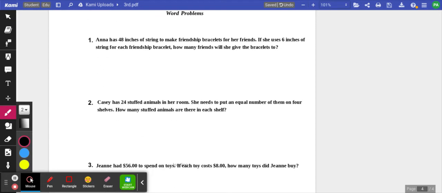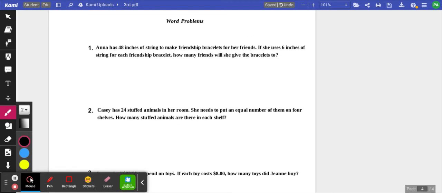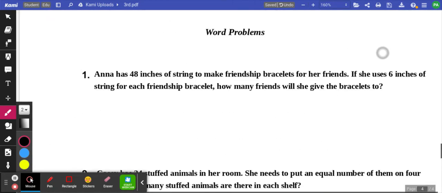Lastly, we're going to be doing word problems. So I'm going to show you 2 ways of doing this. One much easier, one that's a little more advanced, or many of you may already know it, but nevertheless, let's get on with it. So number 1, Anna has 48 inches of string to make friendship bracelets for her friends.